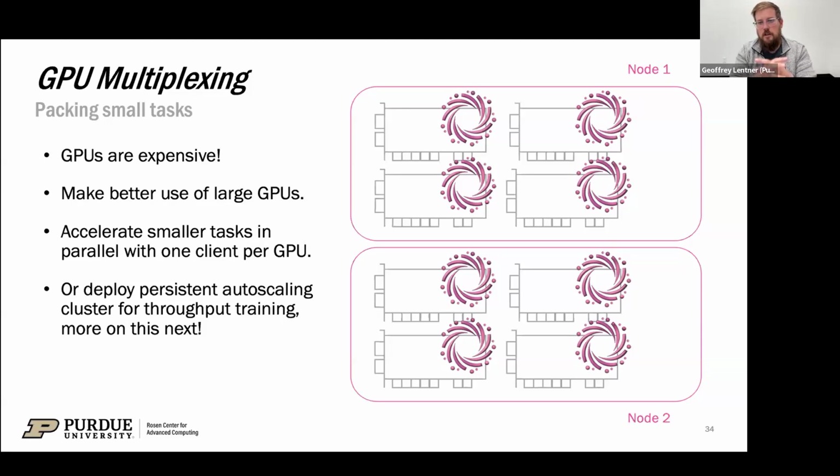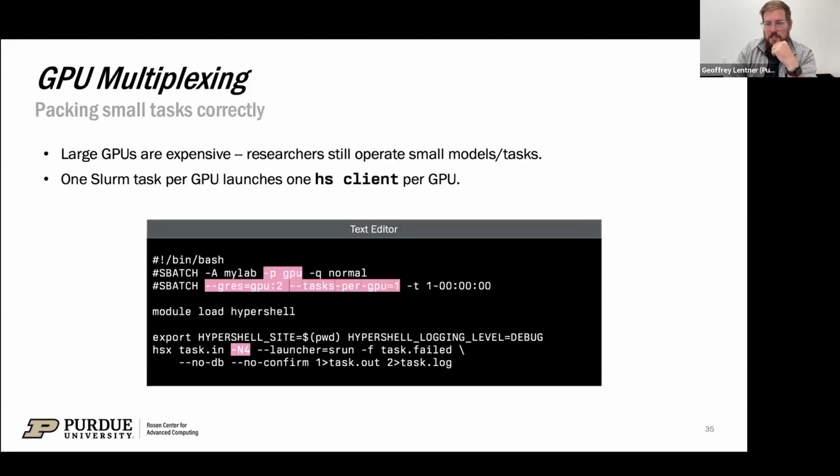The value here that Hypershell would provide is that you could ask for one Slurm task per GPU. And then when you said --launcher=srun, you would have one Hypershell client per GPU. Then your parallelism at the Hypershell client level would be however many tasks you could fit on a GPU. So in this example, I've asked for two GPUs with one task per GPU.